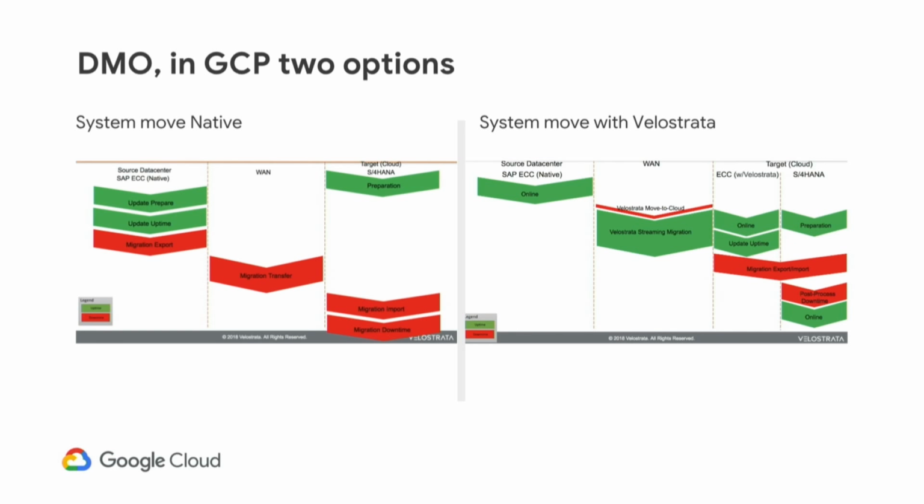That's one of the reasons why I believe that if your end goal is S/4HANA or the latest version of SAP in GCP, it is much more effective to do it in 2 steps. One being the migration to GCP as it is today, using Velostrata and the streaming migration capabilities that it provides. And then from there on, use Google Cloud to validate, test, and execute your upgrade migration.